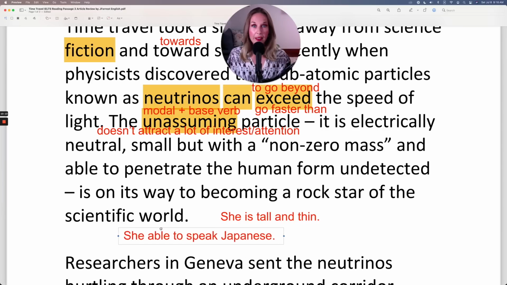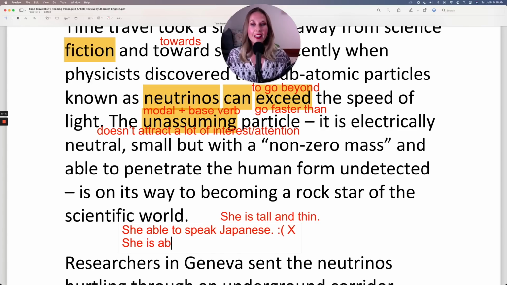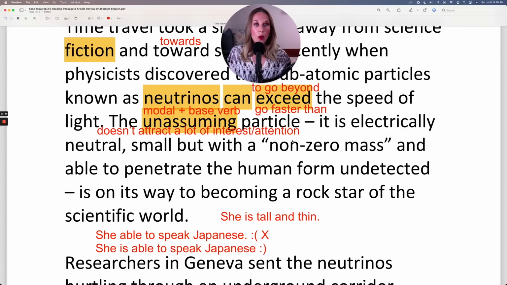You can't say that. This is grammatically incorrect because the verb to be is missing. So I'll put a frowny face and an X. She is able to speak Japanese. So now this is correct because we have to be able and then your infinitive. So that is what's happening here, and able to, but we're using the verb to be for both sections, before and after and.